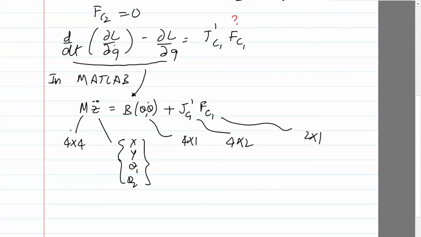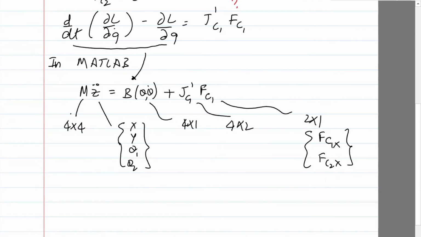These forces are unknowns, so that's Fc1x and Fc2x. What needs to be done, with a little bit of rearranging, is to take these two, move them around, and write 6 equations. But really, we are not interested in solving for those forces.